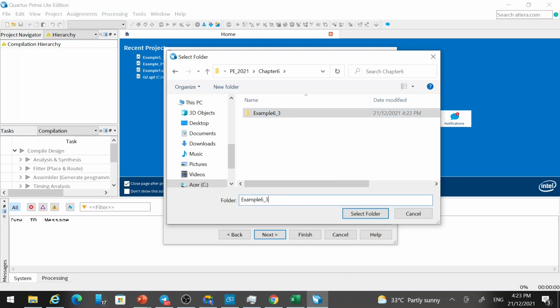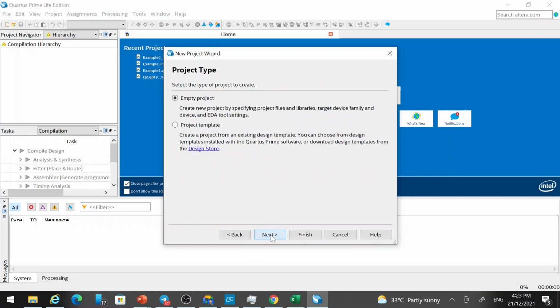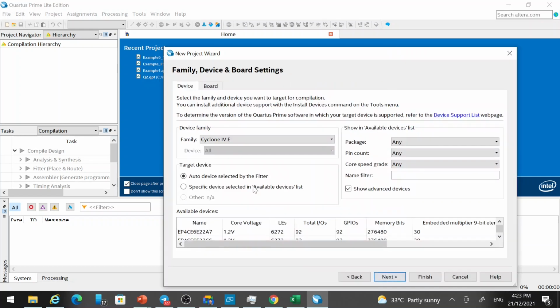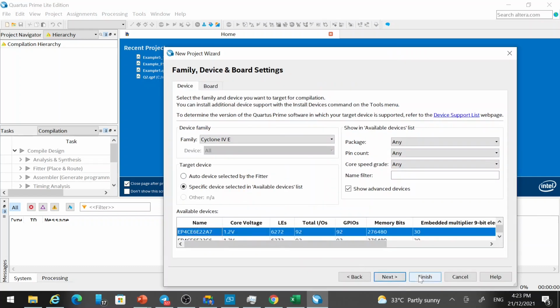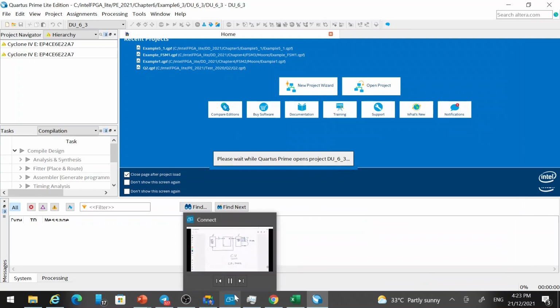This one is for the DU, the data path for 6.3 maybe. Because we need to create another one which is the CU, and let's name our project as this.